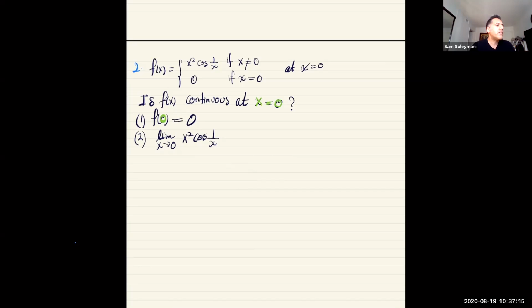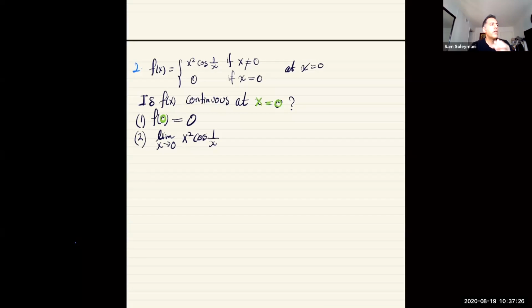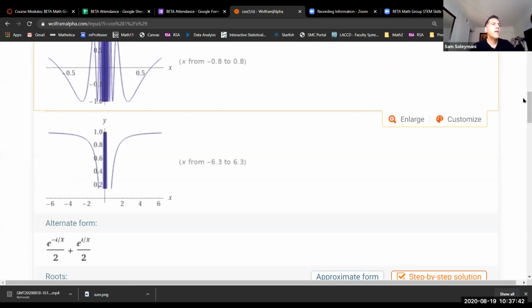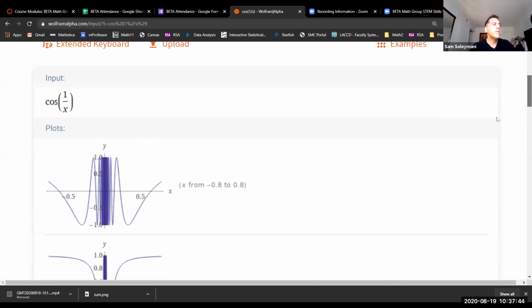Let me see if I can share my screen showing you what I am exactly talking about. Cosine of 1 over x. There it is. Do you see that? This is cosine of 1 over x.